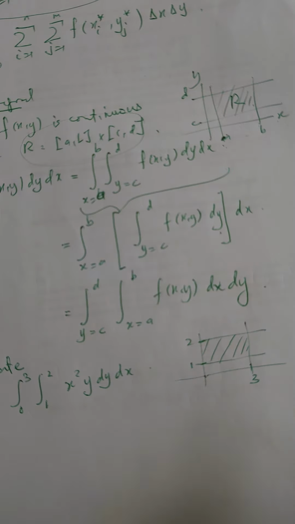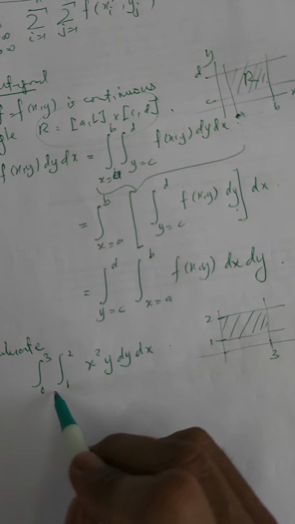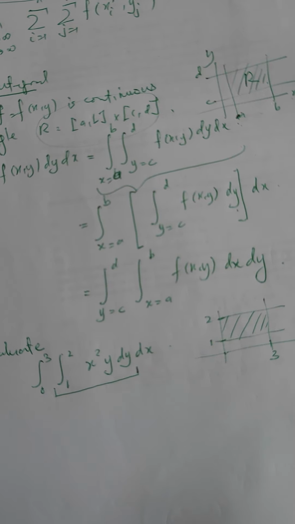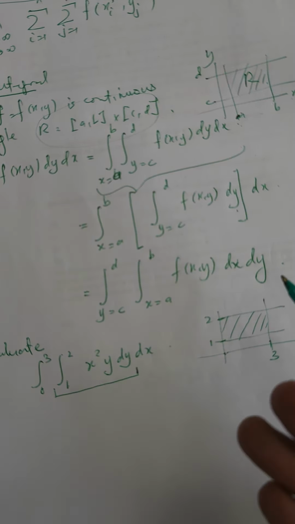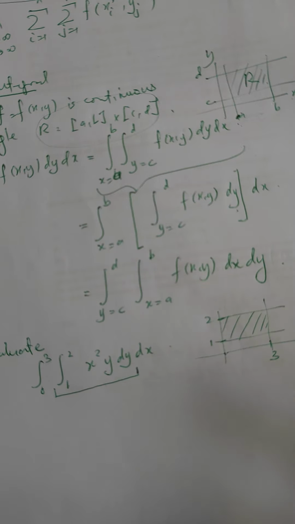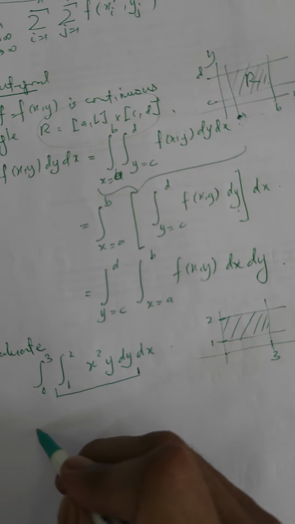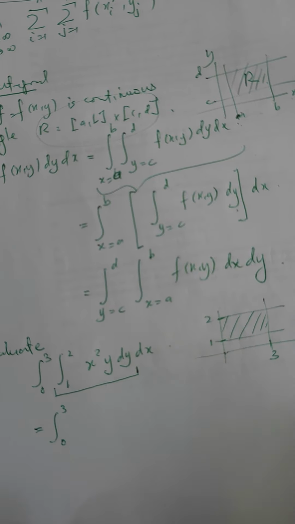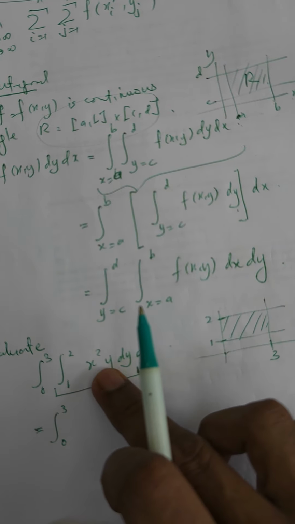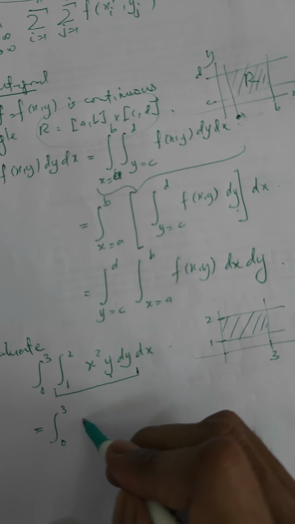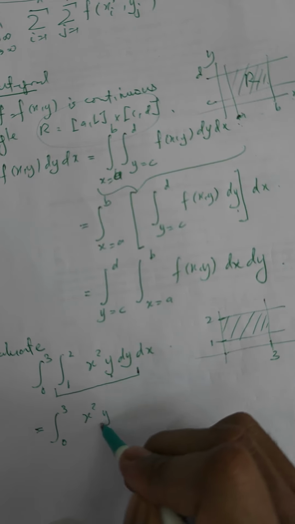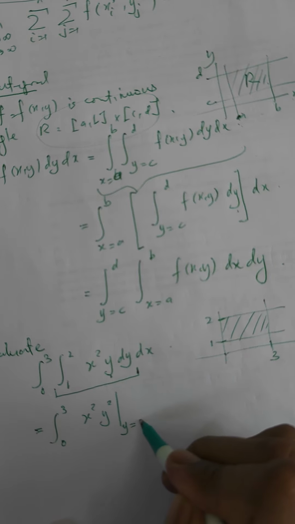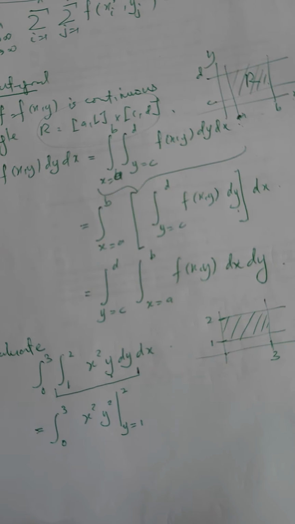First we evaluate the inner integral by considering x as a constant. So just fix x, we don't do anything on x, but we integrate y. So what we have is x squared, y squared over 2, with y from 1 to 2.